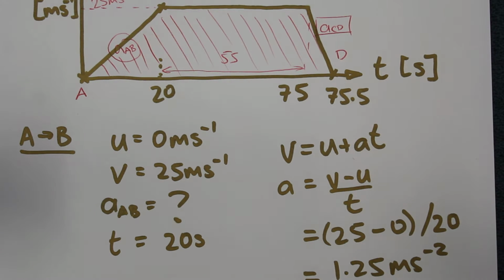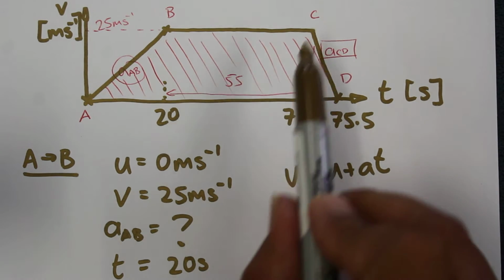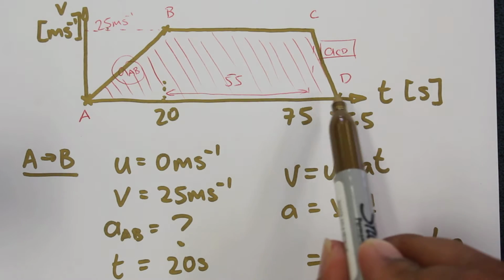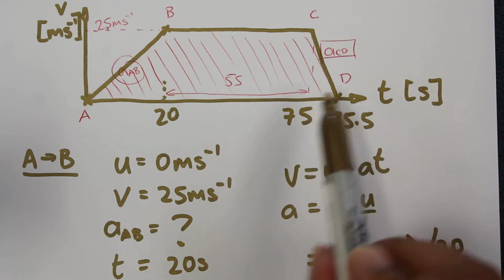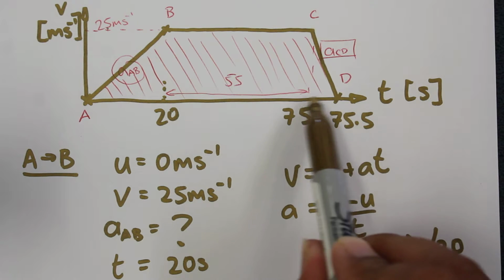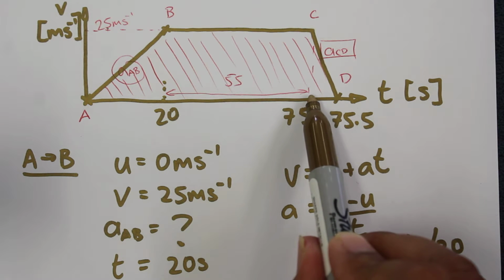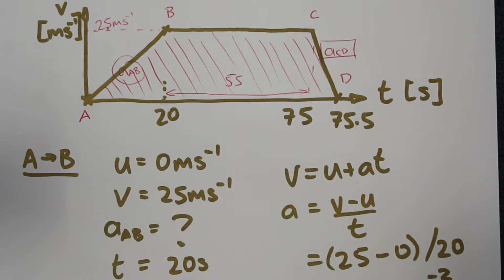Alright, so we can also do this for the rate of deceleration. So for the rate of deceleration, our initial velocity will be 25 meters per second. Our final velocity will be 0 meters per second, and the time taken will be equal to 0.5 seconds. So to go from point C to point D, we have 0.5 seconds worth of time taken.